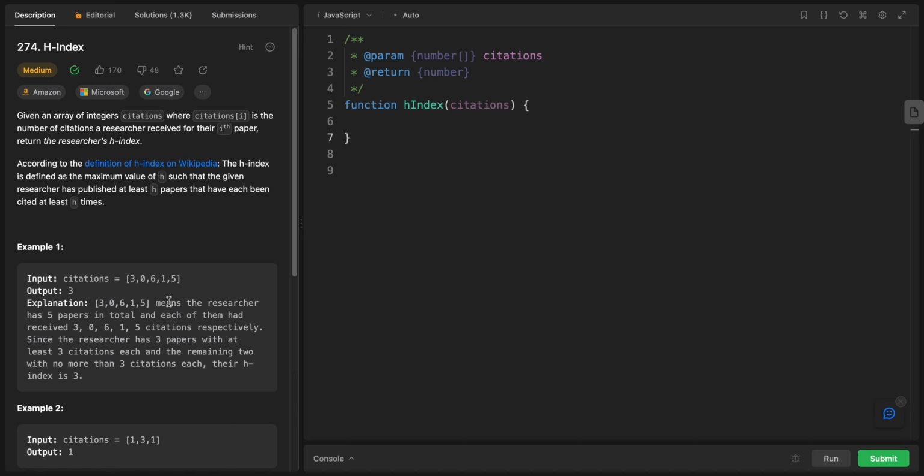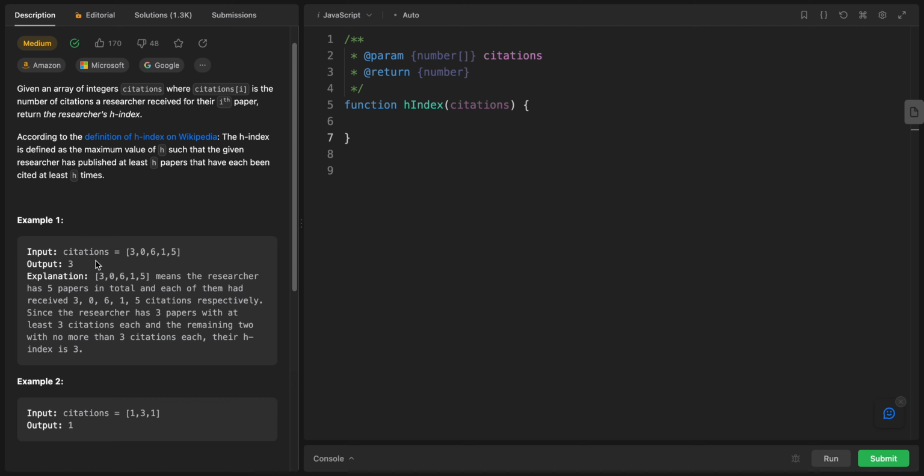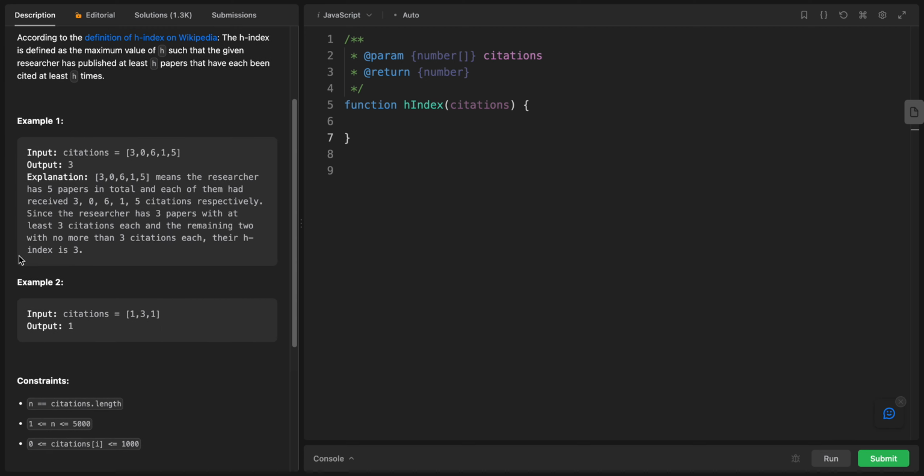Since the researcher has 3 papers with at least 3 citations each, and the remaining 2 with no more than 3 citations each, their H-Index is 3. For this other one, the index will be 1.